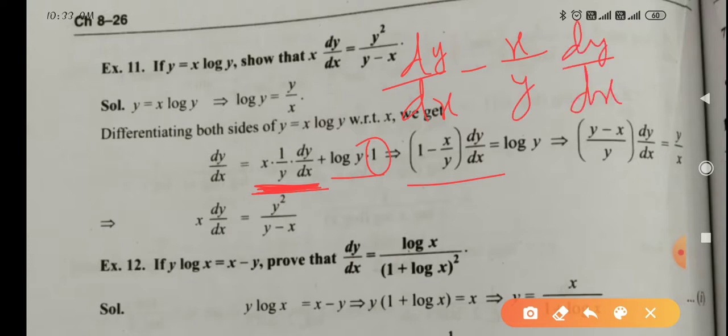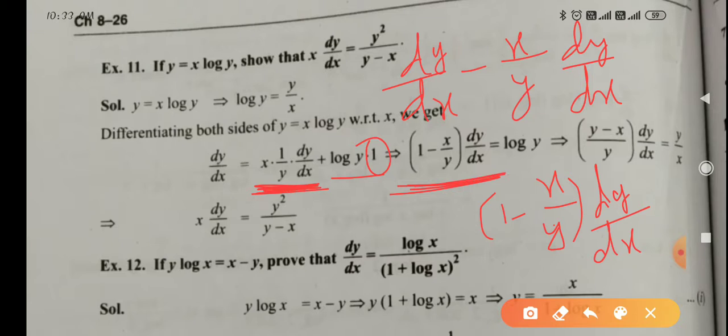Now dy upon dx is common, so 1 minus x upon y dy upon dx. They are giving it like this, and in RHS log y is there. Now we need to put the value of log y. Just before, I told you the first equation, log y equals y upon x. So that's why they are putting y upon x.